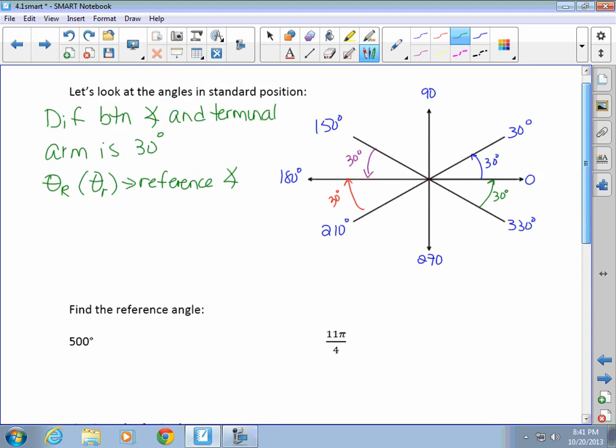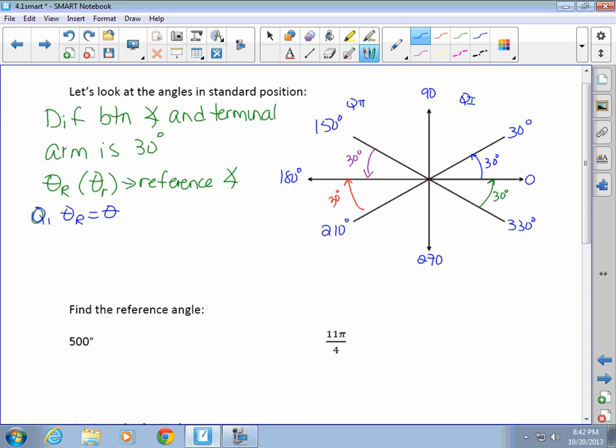So my reference angle here in quadrant 1, I'm going to change my color here. In quadrant 1, your reference angle was just equal to the angle. Okay, this is quadrant 1. In quadrant 2, my reference angle of 30 degrees was found by taking 180 minus whatever my angle measurement was.